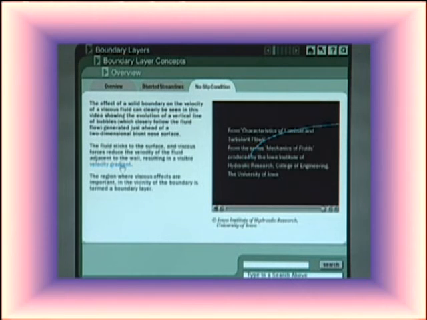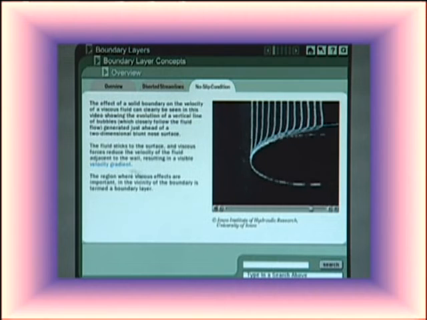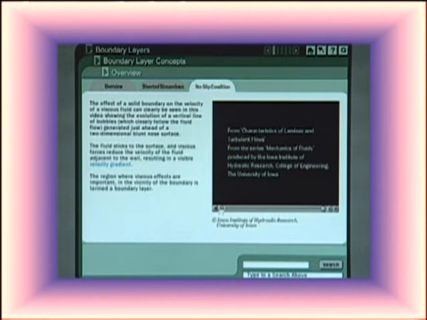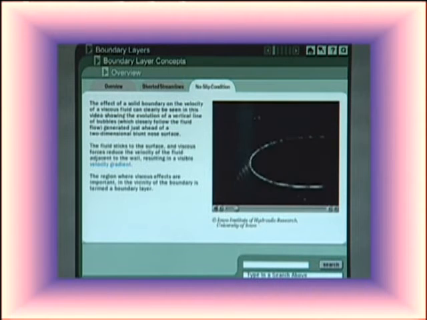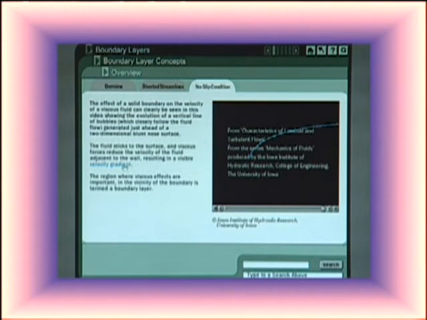In this case, very close to the surface, a velocity gradient is formed, and we can visualize that these fluid particles, which are made visible, are getting attached to this surface, and in the vicinity of the wall we have a velocity gradient.